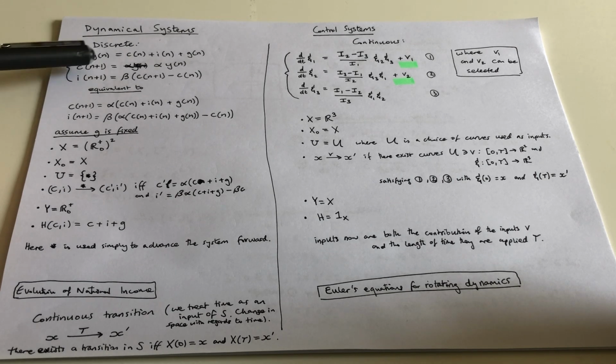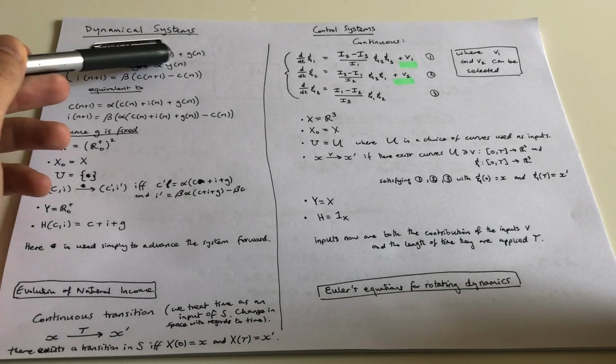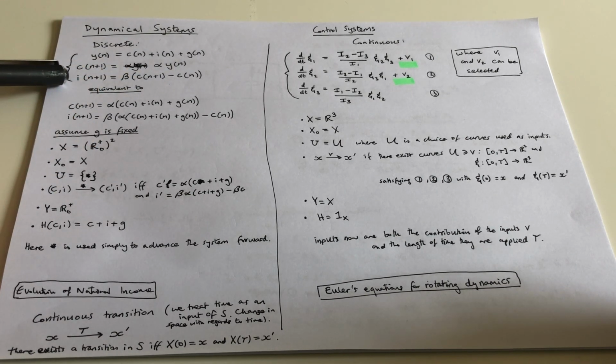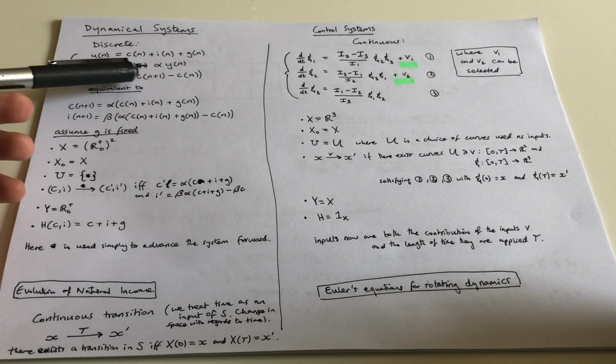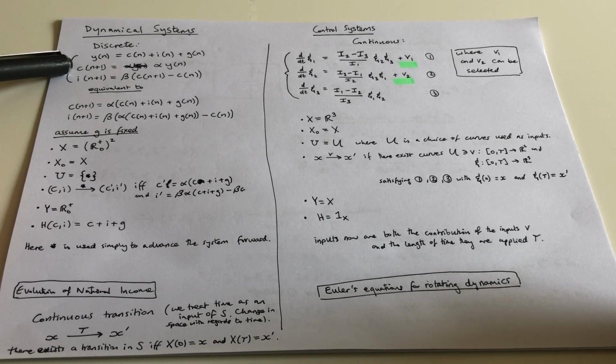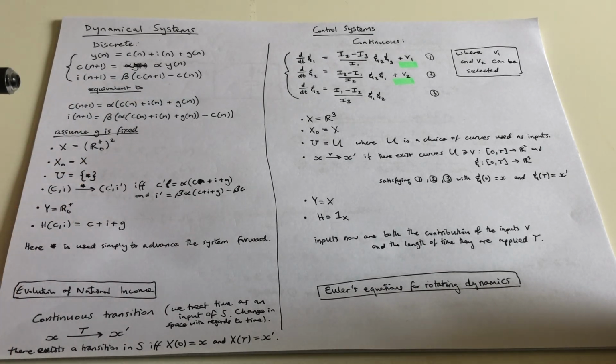So C evolves by some value alpha multiplied by the output, and I evolves by a value beta multiplied by this equation Cn plus 1, subtracting C.